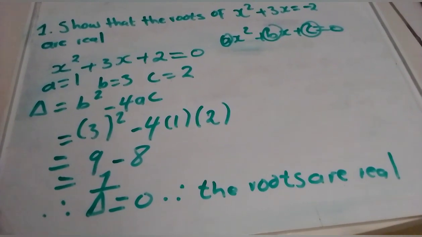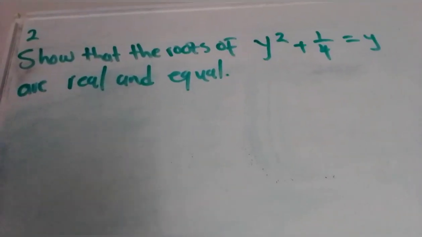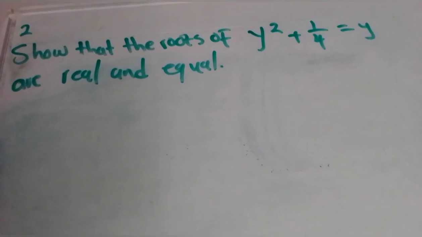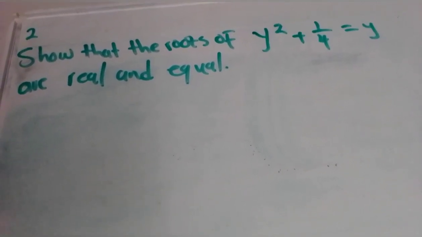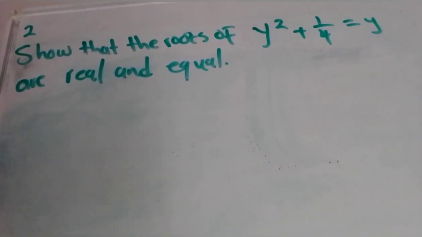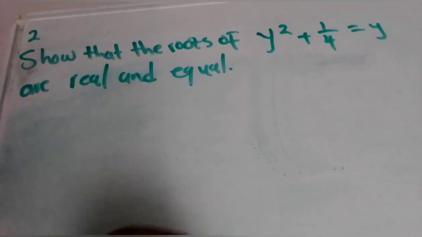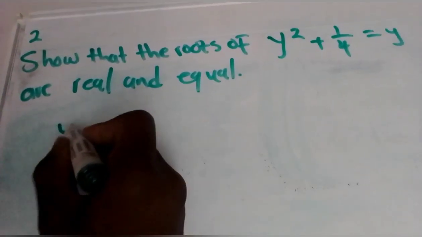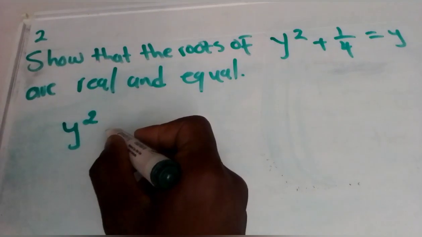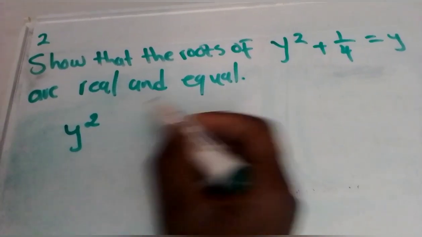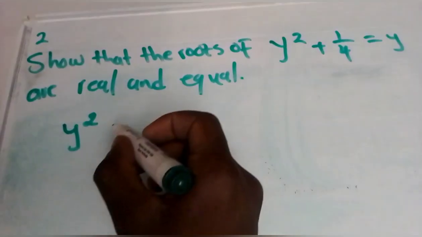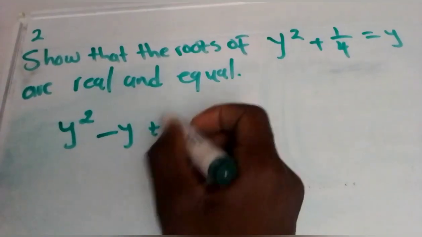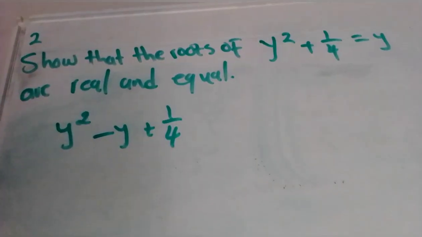At the end of your answer, you need to conclude with whatever they asked you. Remember that. Our second example says show that the roots of y squared plus 1 over 4 equal to y are real and equal. We need to make everything be in standard form. So y squared minus y, we transpose it to the other side, plus 1 over 4.